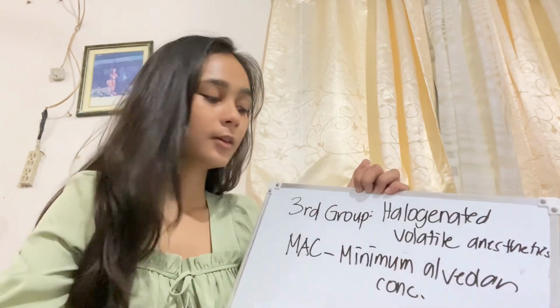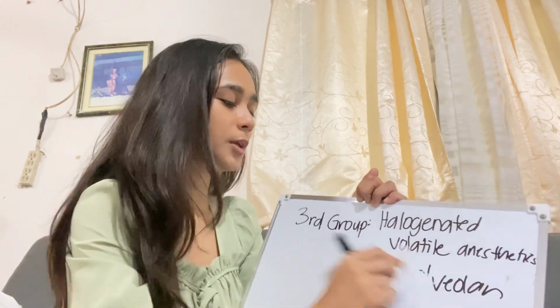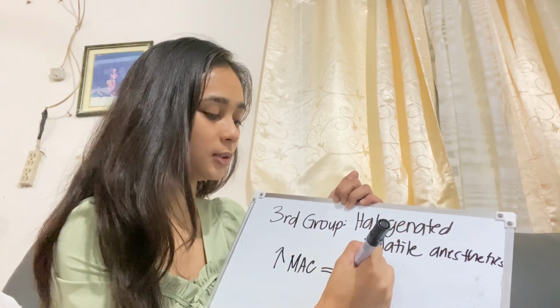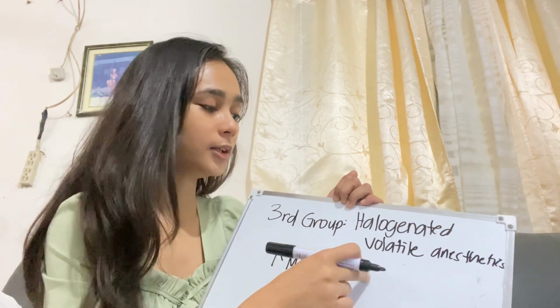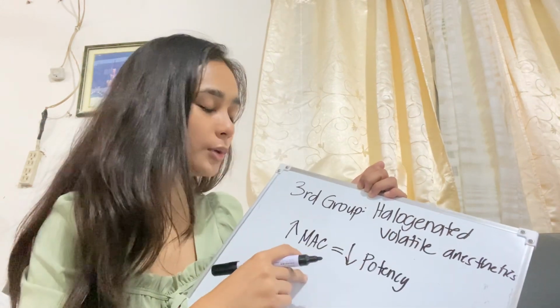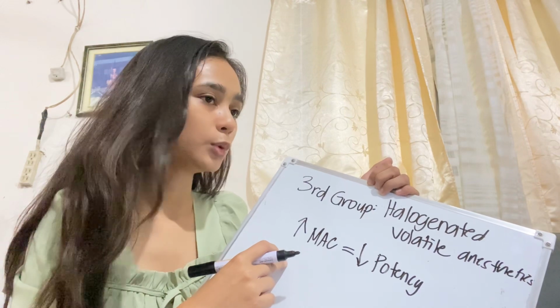So we usually use MAC to determine the potency of the drug. If we have a high MAC, it means that the inhaled anesthetic has a lower potency. This is because we only need a smaller concentration of the drug to give effect.